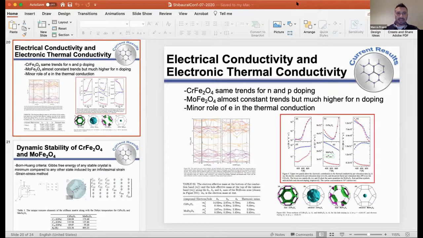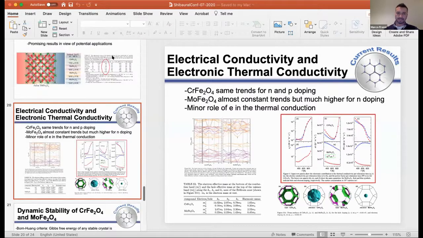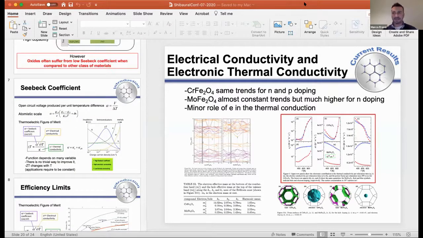Well, we didn't consider that explicitly in this study. But are you referring to the fact that the spin entropy will have an effect, right? Yes. Because this is implicit.